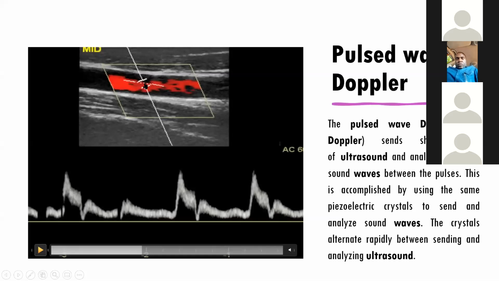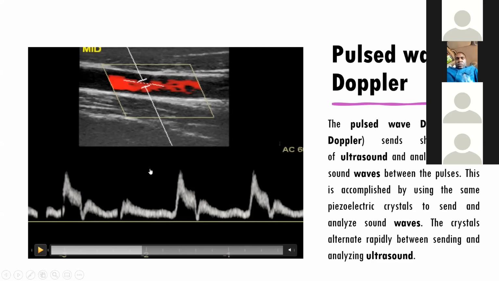You see here a few things. This is one line and this is another line, and there is a space in between the two lines. This is called sample volume. That means blood flowing through this area will show you the information, this spectrum. So when blood flows through this sample volume, you will get this spectrum.